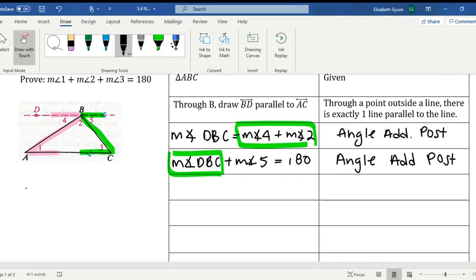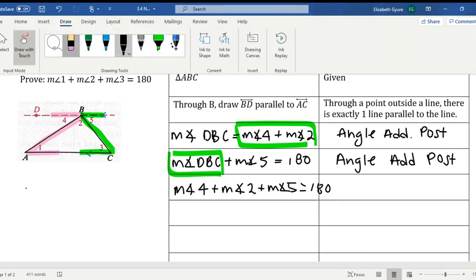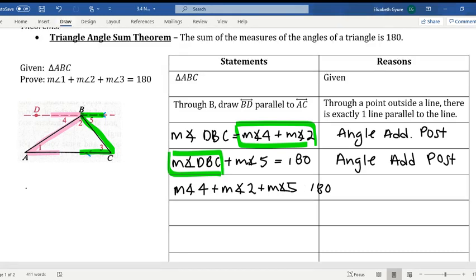Very good. I can substitute that in. The measure of angle 4 plus the measure of angle 2 plus the measure of angle 5 equals 180. Good. And that would be substitution.